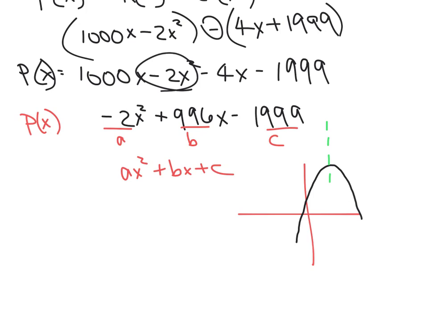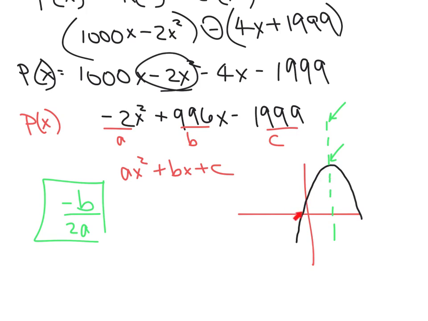the x value of the vertex, or the axis of symmetry, uses the formula negative b over 2a. I find that, and I'm going to find the x part of this max here, which is what I'm looking for, the maximum profit.